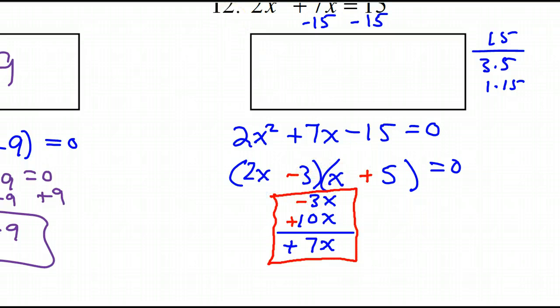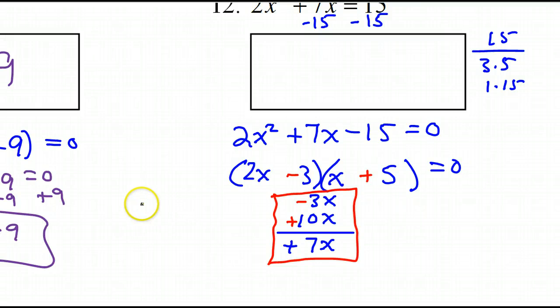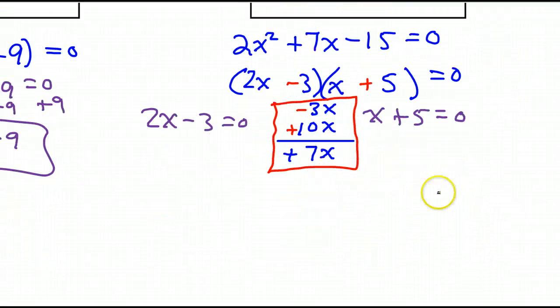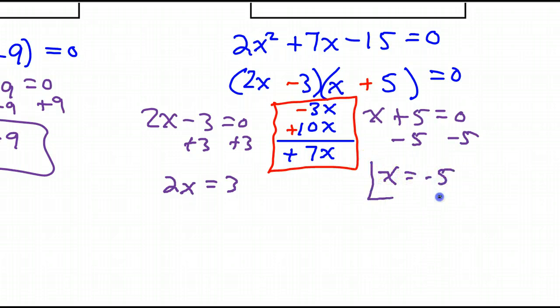So now we'll just use the zero product property. Okay, so add 3, subtract 5. 2x equals 3, x equals -5. Well, that's one of the answers.